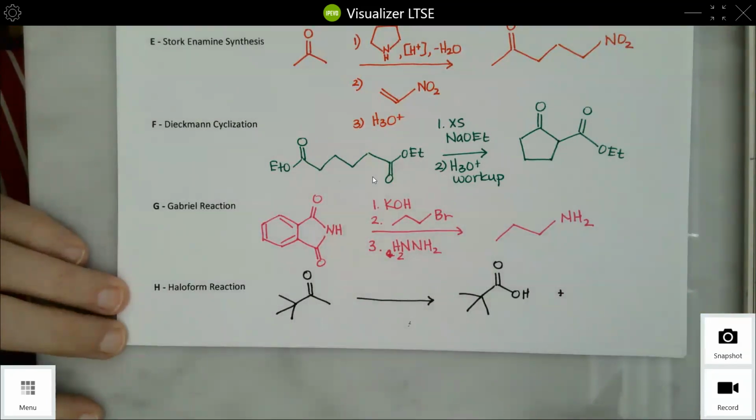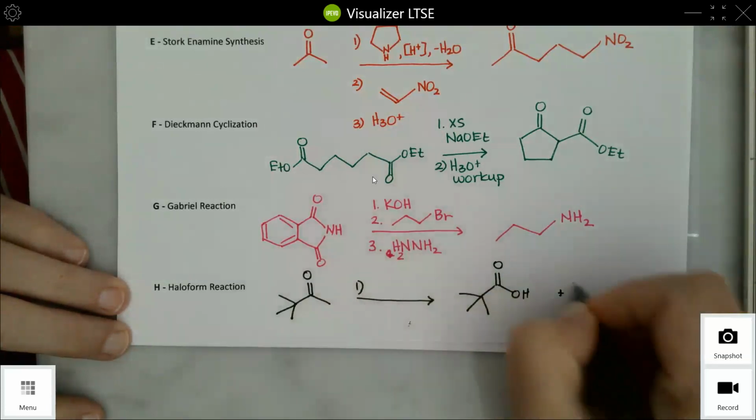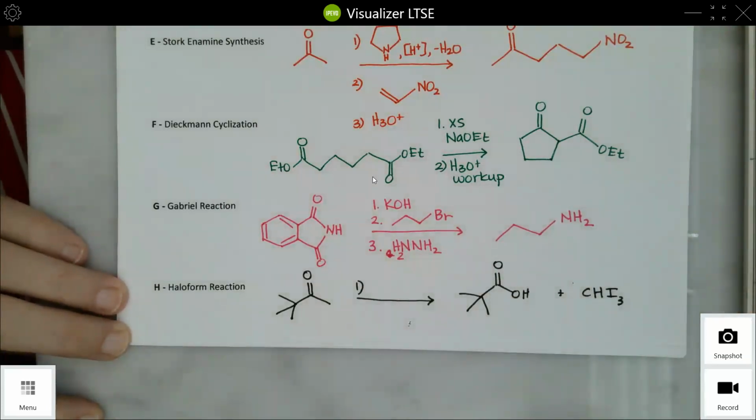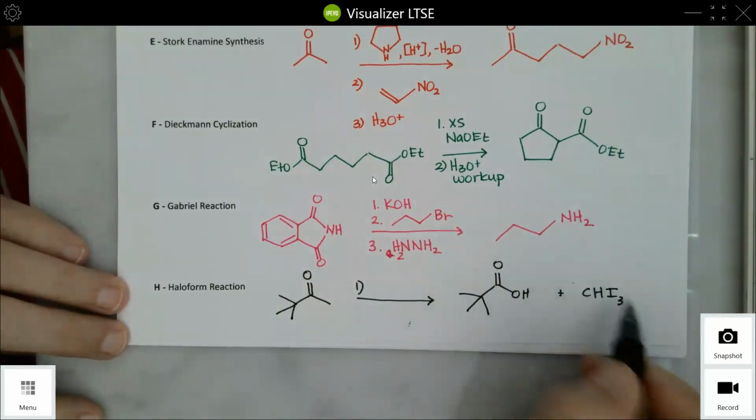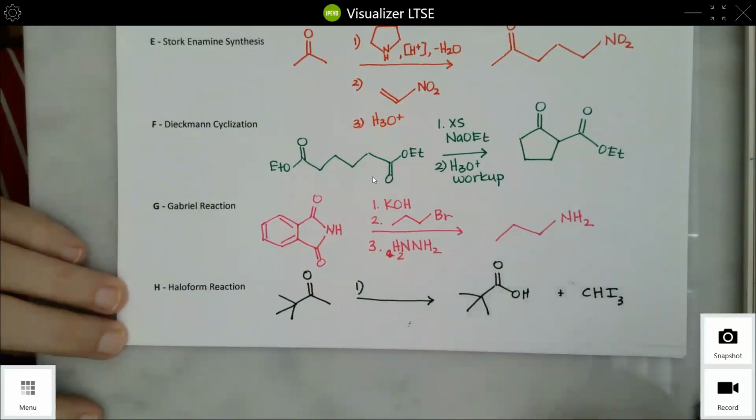A common example would be with iodine, just because iodoform is a yellow precipitate. So this is actually a test reaction for the presence of methyl ketones. If we were going to form iodoform, you could also form bromoform or chloroform.